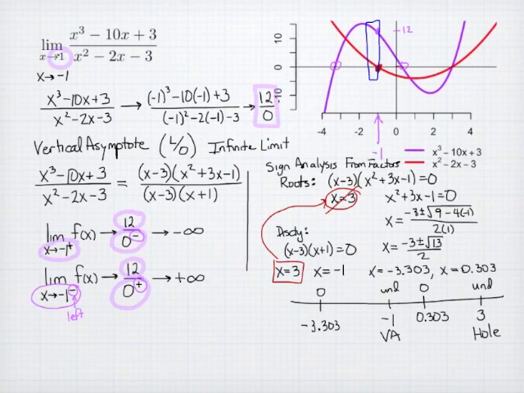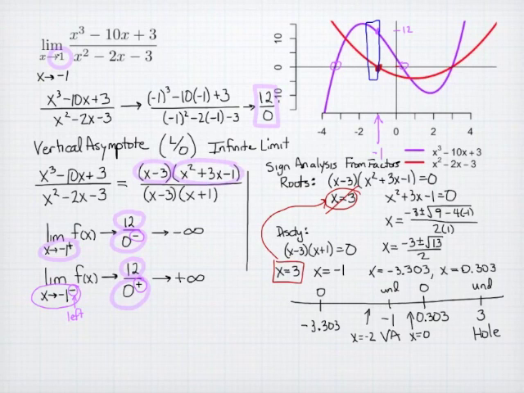We're interested in deciding what's happening to our function in the vicinity of our vertical asymptote. So we need to check the sign on either side. So we pick a number. We might pick x equals 0 on the right and x equals -2 on the left, and we can calculate the values. So if I plug x equals 0 into my formula, x minus 3 at 0 is negative.